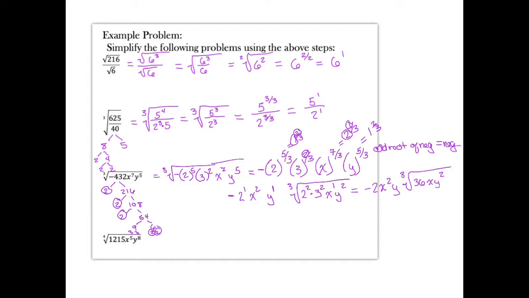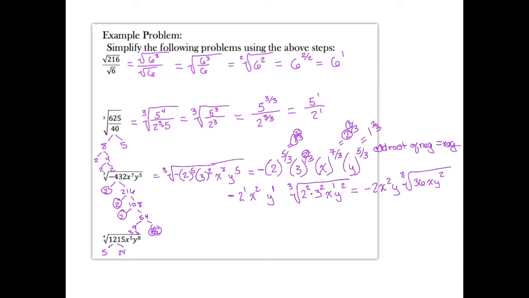All right, now this one, we have the fourth root of a positive number, so this is going to be real, and it's going to simplify out to a positive number. So we want to factor 1215. So I'm going to go ahead and just divide this by 5, and 1215 divided by 5 is equal to 243.